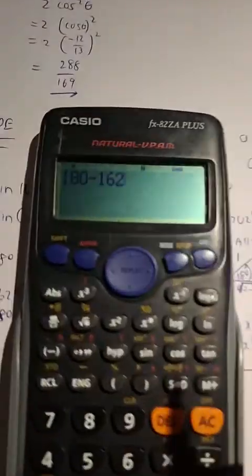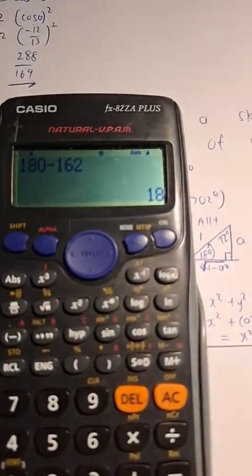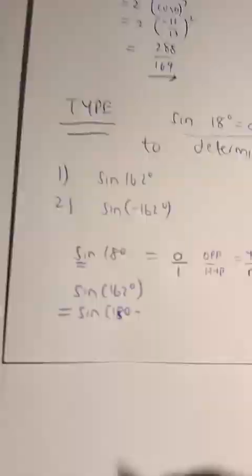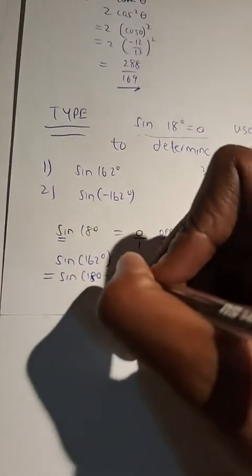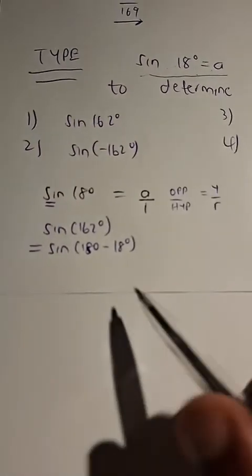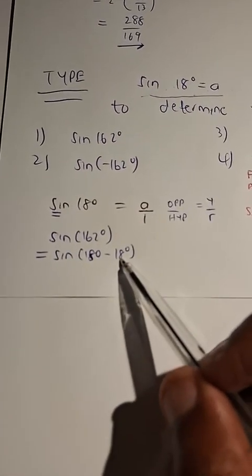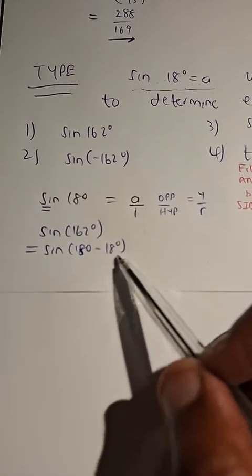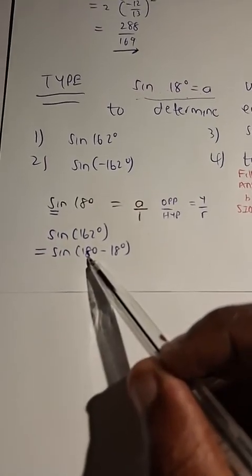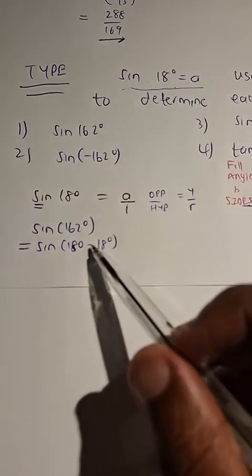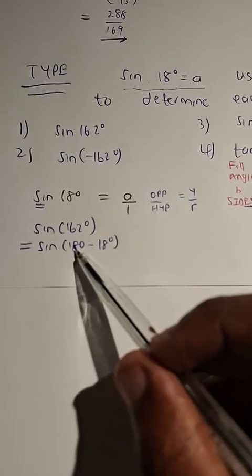So you say 180 minus 162 and check. Oh, it is 18. So that means 180 minus 18 degrees is an appropriate acute angle to subtract from 180.